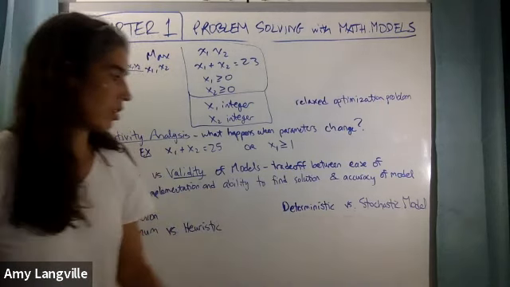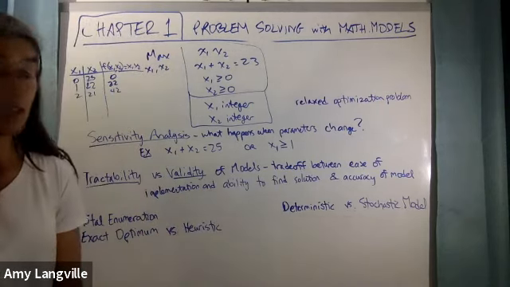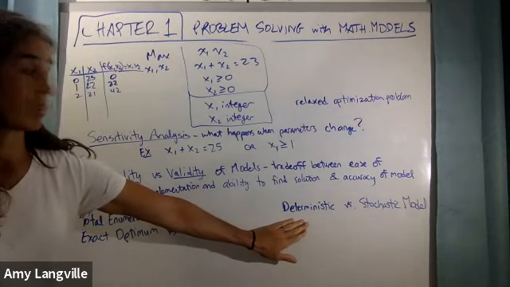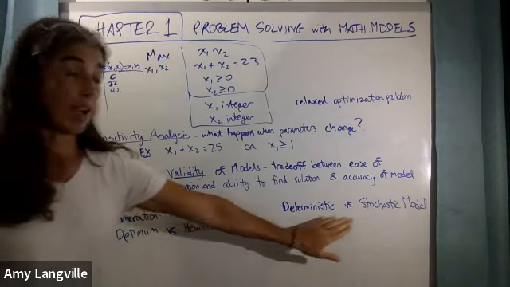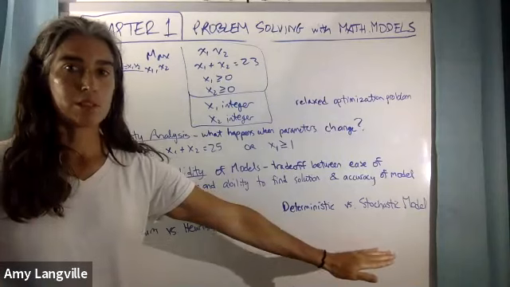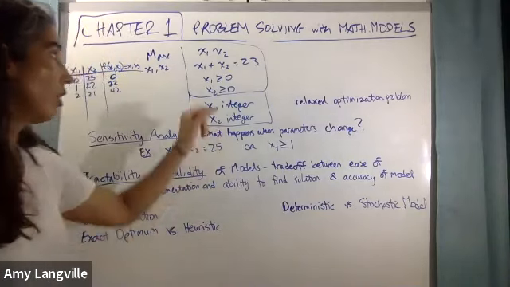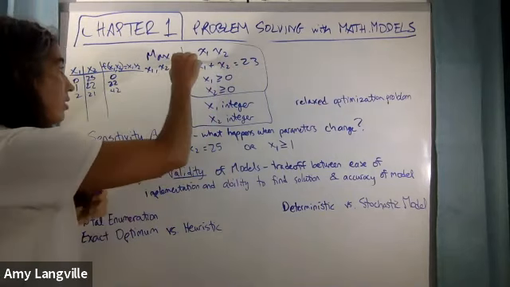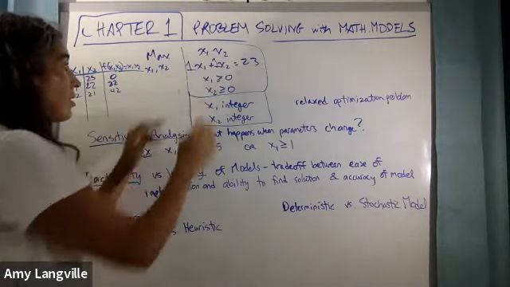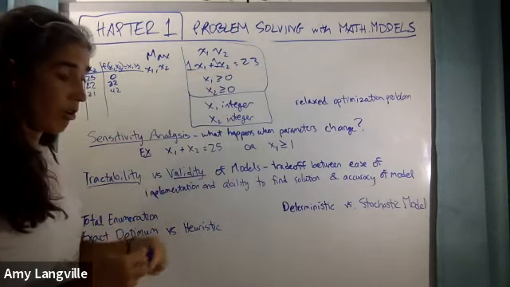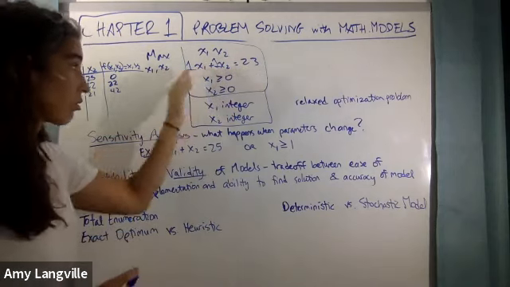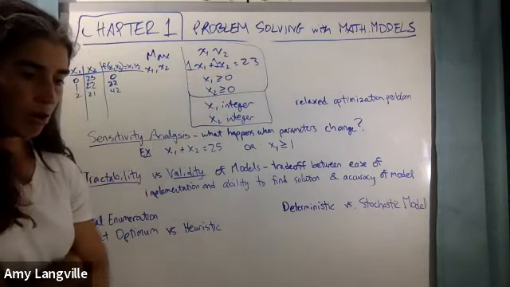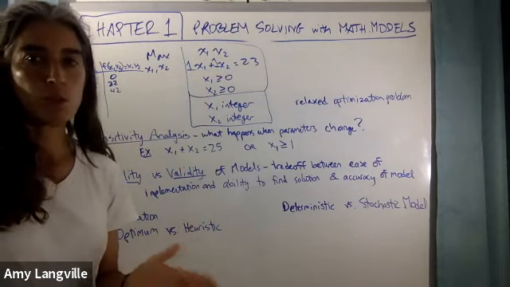The next pair is deterministic versus stochastic. This class covers deterministic models, but also know that stochastic models exist. Stochastic models are simply where some of the parameters, like maybe the coefficient, an invisible 1 in front of this, or the 23, are only known with some probability.